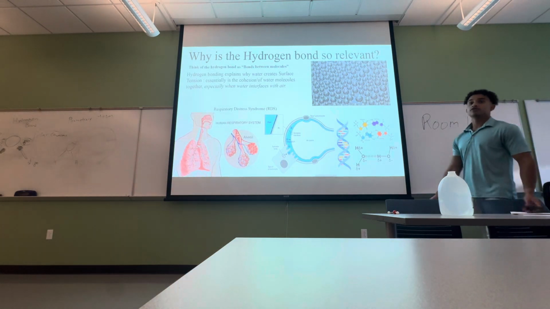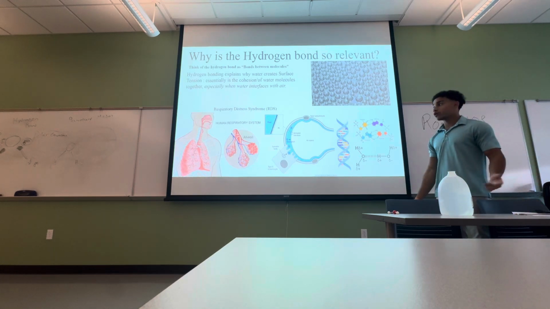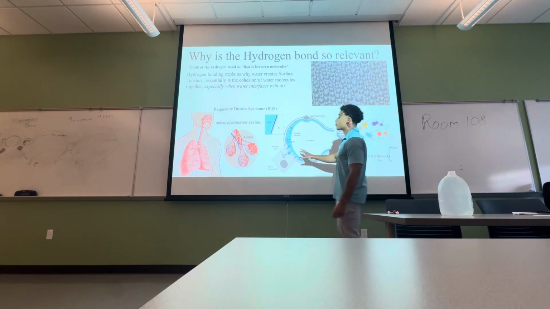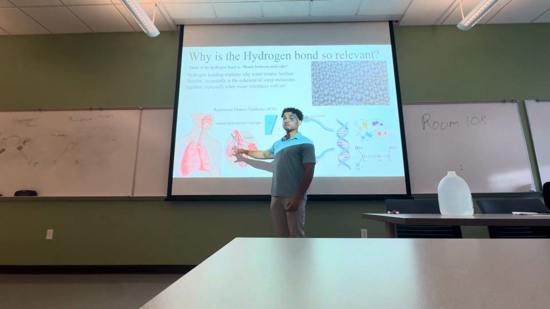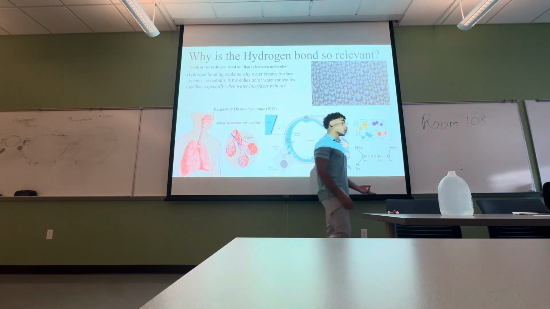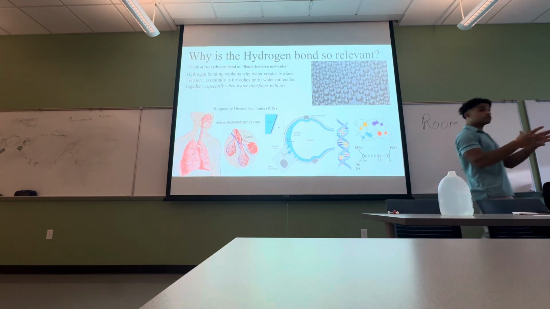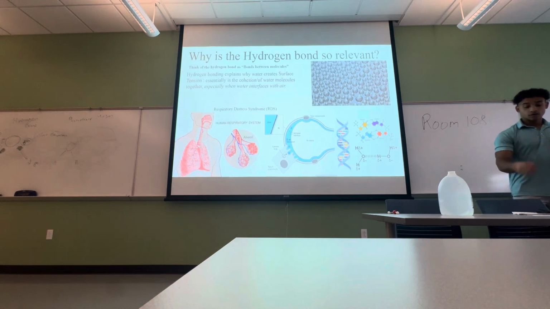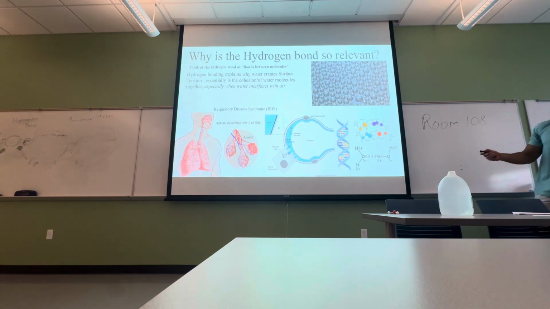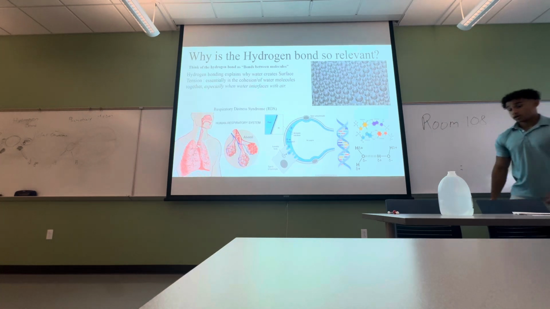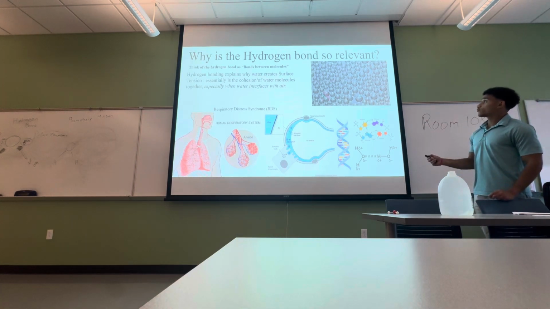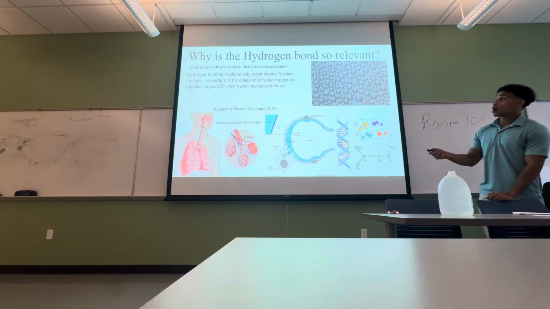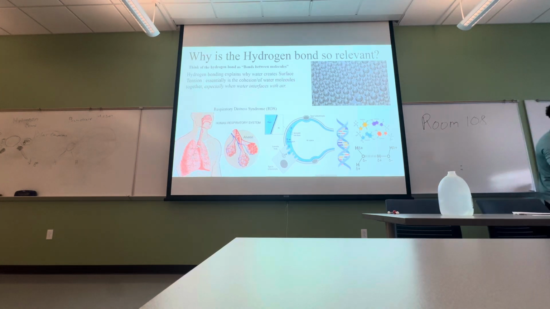Now it begs the question, why do we learn this? I told you that there's water all over our body, but one of the most important examples is in our lungs. Because these bonds form together, there's this concept called surface tension. Okay? The best way to explain surface tension is that the cohesion of the water molecules together forces things to move with it.